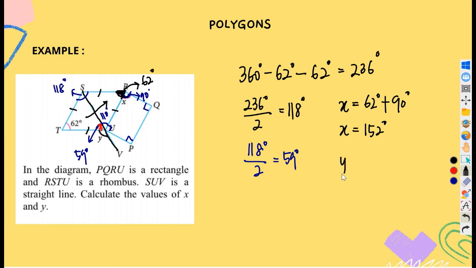So Y here is equals to 180 minus 59. So Y here is equals to 121 degrees. So this is how you find X and Y.